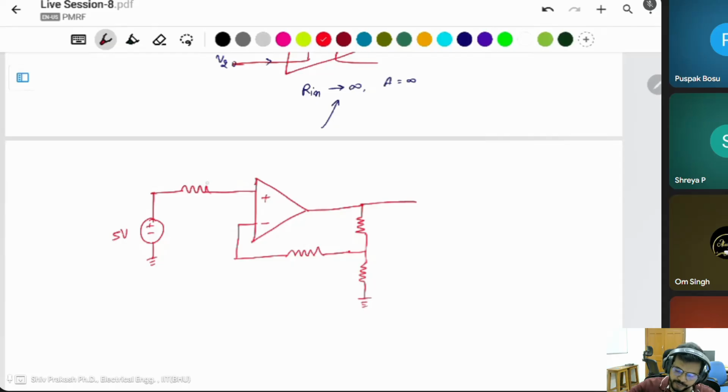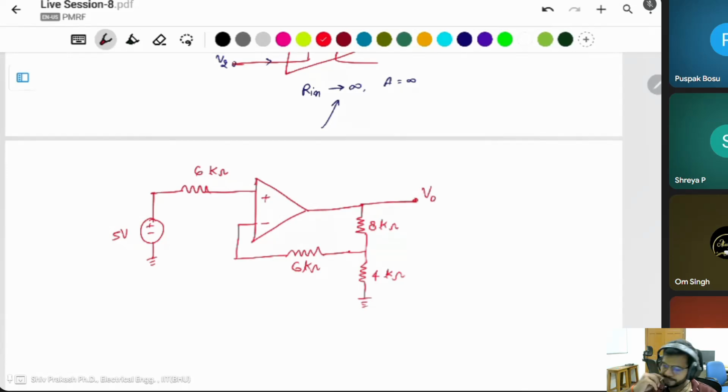This is 5 volt, 6 kilo ohm, this is also 6 kilo ohm, this is 4 kilo ohm, and this is an 8 kilo ohm resistor. This is the output voltage.